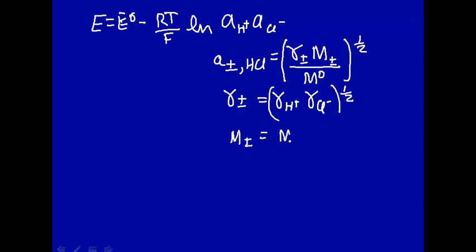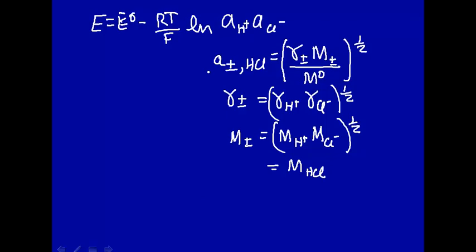Well, that's the molality, or molarity, of the plus charges, M H plus, times the molarity of the minus charges, raised to the 1/2. But since the only source of H and Cl in this experiment is from HCl, this is just equal to the molar concentration of HCl. All right.